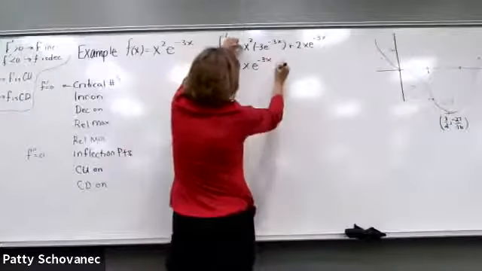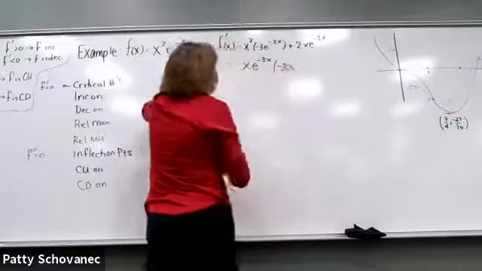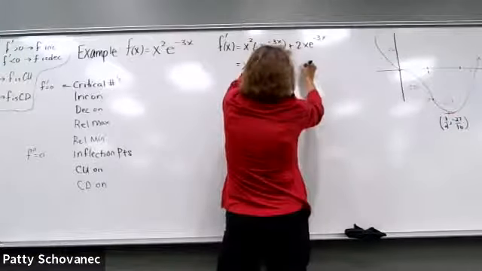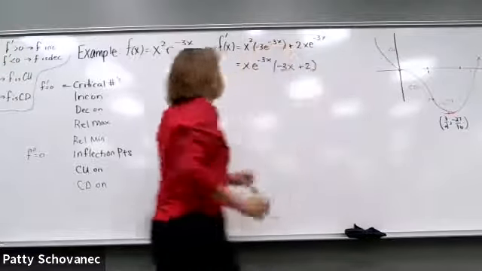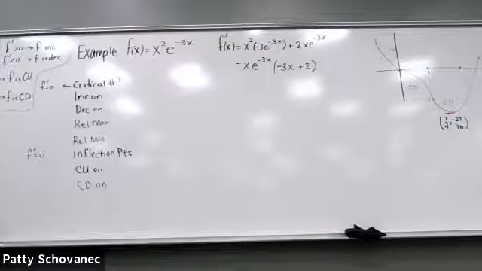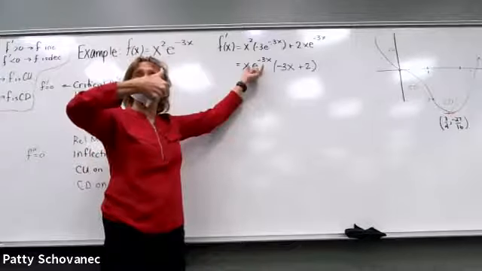I've got one of these x's left, and I've got a negative 3 left. And then I pull that x out, and I pull the e to the negative 3x out, so I've got a 2 left. So really, I have 3 factors, but only 2 of them have a chance of being 0. E to a power is always positive, so it's never 0.